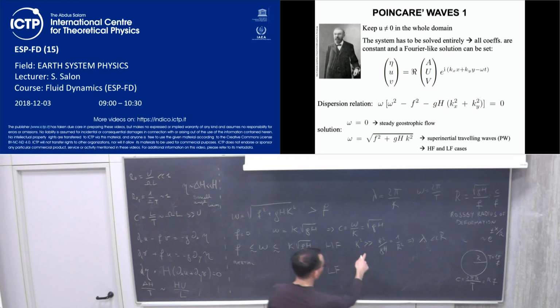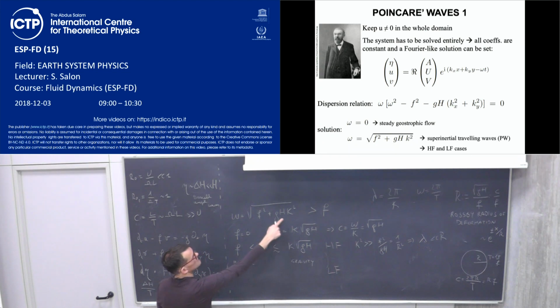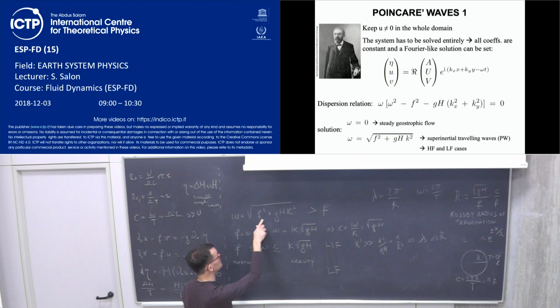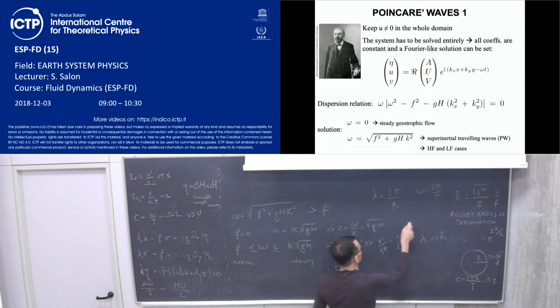So when this term is much larger than this one, it means that this part here will be simply equal to this one, okay? Because when this is much larger than this, it means that gh k squared will be much larger than f squared. So f squared can be neglected with respect to the second term. So we come back to, we are very close to, the no rotation case.